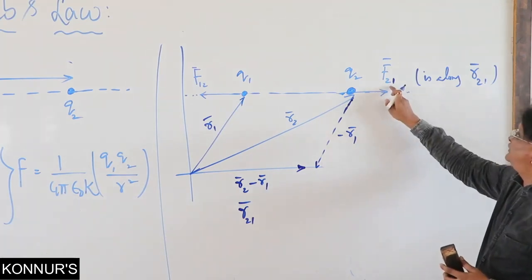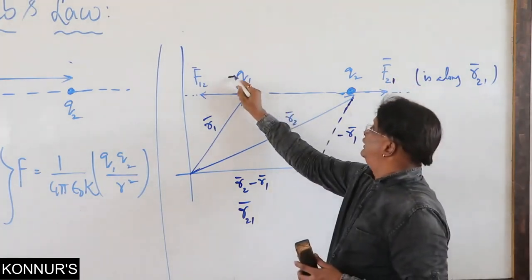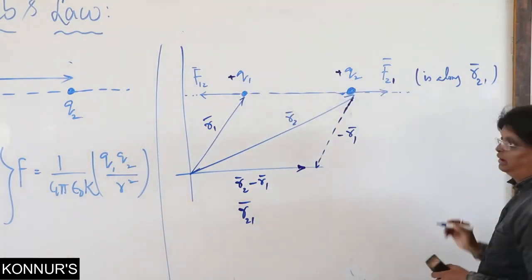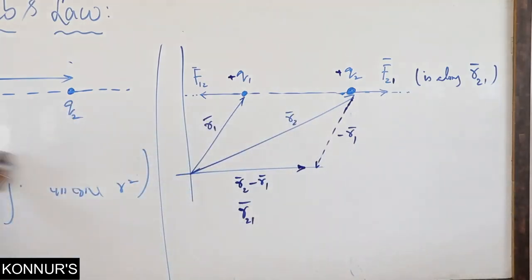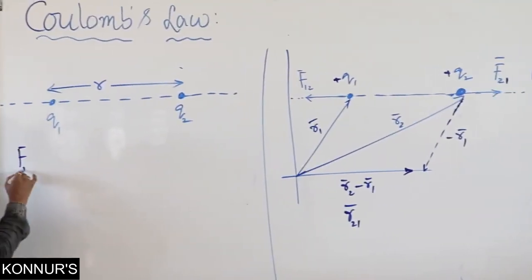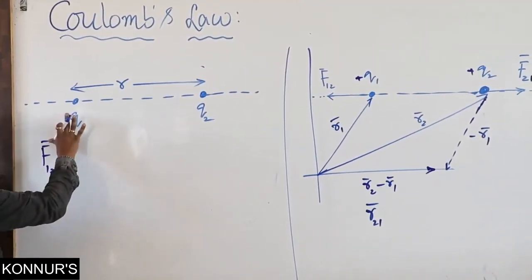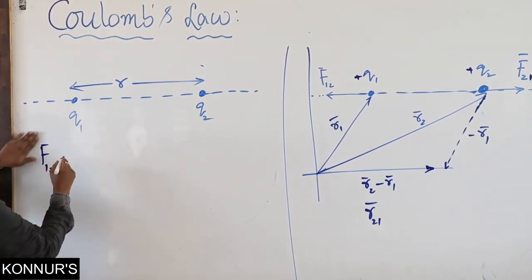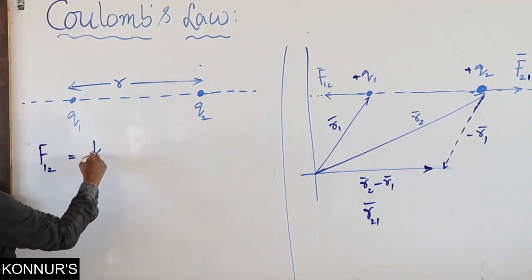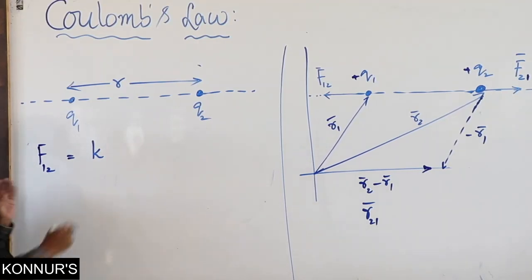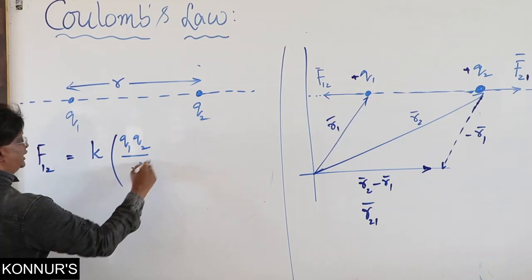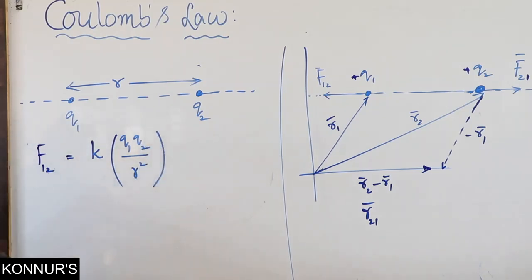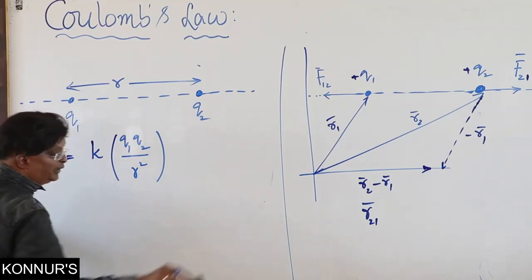If I am writing F21 bar, it is along R21 bar. Therefore now you see, I will write it in the vector form. First, if I write only the scalar form, F12, no bar, only magnitude, F12 is equal to K, that is 1 by 4 pi epsilon naught, times Q1, Q2 upon R squared. Right? Now here, I will write it in the vector form.